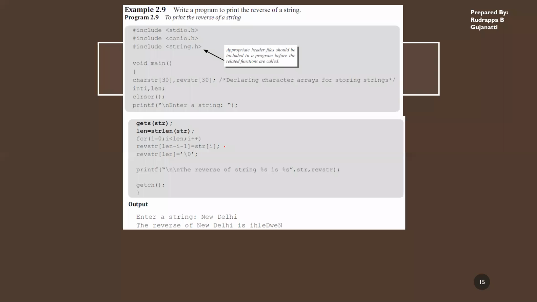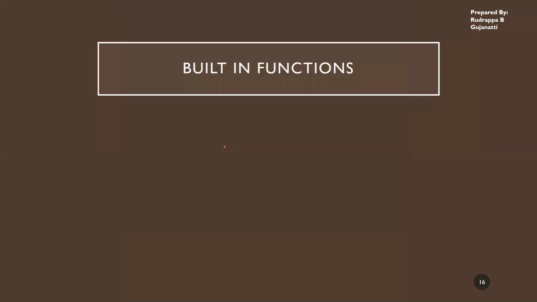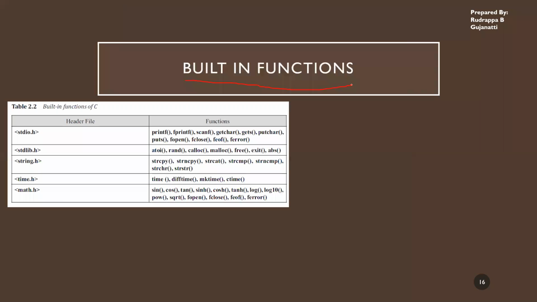Similarly, we can perform different operations, like using a for loop to concatenate two strings. All these functions you can perform either using the inbuilt function, or you can use a logical aspect to perform these operations. So next, we are looking at the built-in functions.